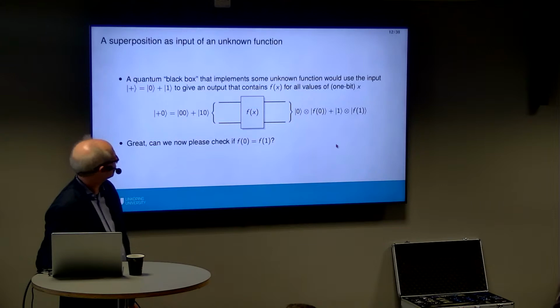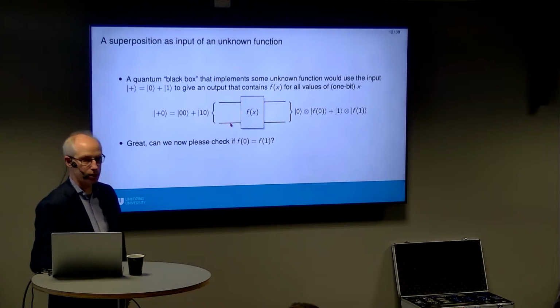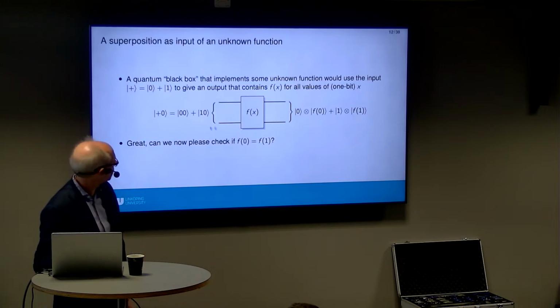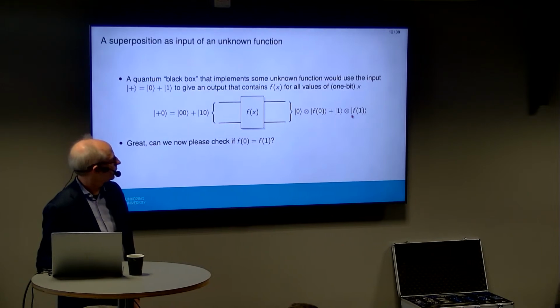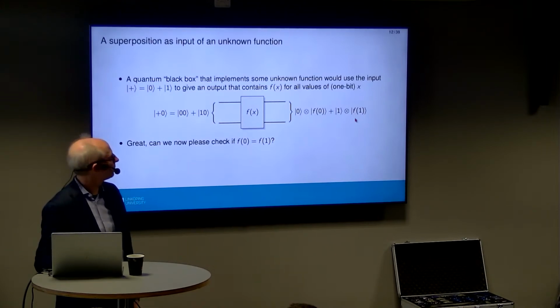So if I have an unknown function here, and I send 0, 0, and 1, 0, so this is the input, and here's a space to put the target, the function value, I get 0 on the input and the function value of the 0. I get 1 on the input and the function value of the 1 at the same time. Oh, neat.